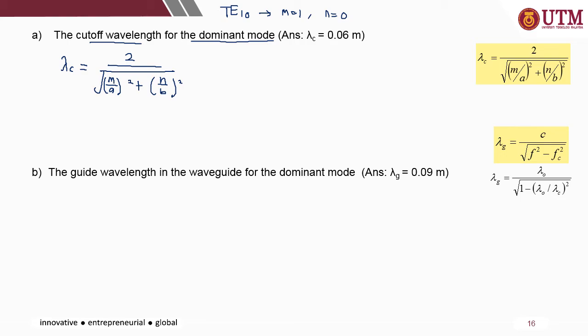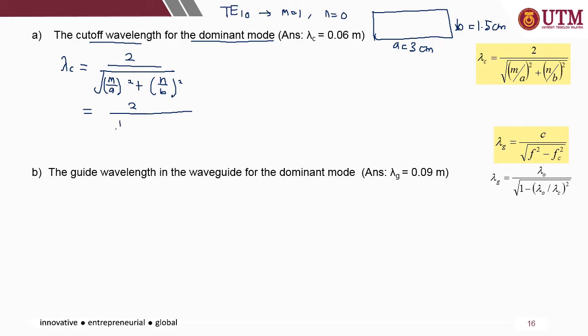So in the given question, you have a structure with your A equal to 3 cm, B equal to 1.5 cm. Okay, so now once you have the general equation, then you can include all the values into your equation.